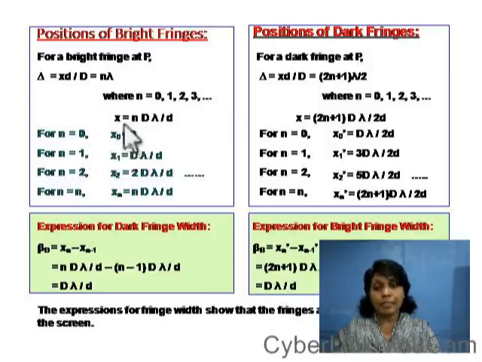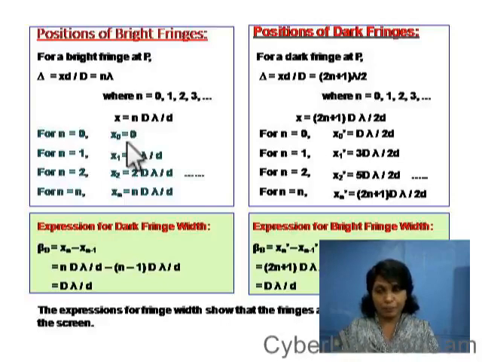Of course, as mentioned, x is equal to 0 corresponds to the central bright fringe. Now, putting n is equal to 1 for this expression, you have the first bright fringe from the center. On either side of it, you get.